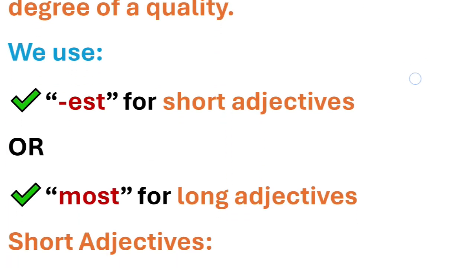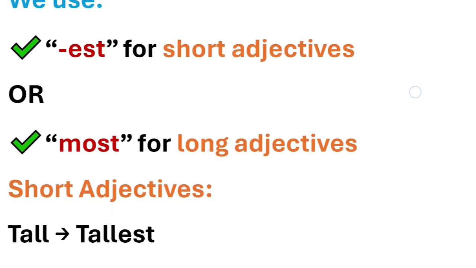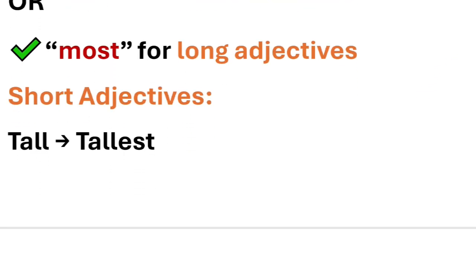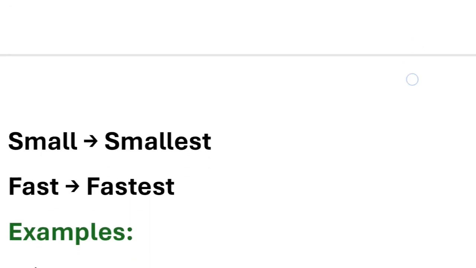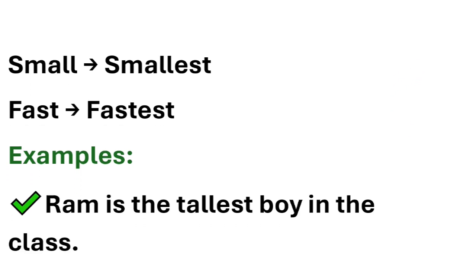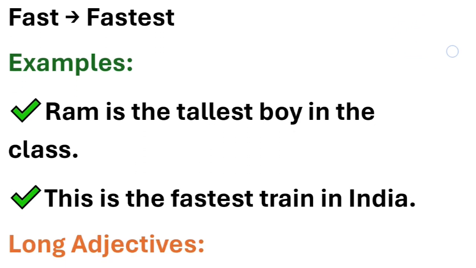We use est at the end of short adjectives or most with long adjectives. So for short adjectives, we're going to take the same examples as we discussed in the comparative degree. Tall. This is a short adjective, we have used est at the end of it and made tallest. Small becomes smallest. Fast becomes fastest.